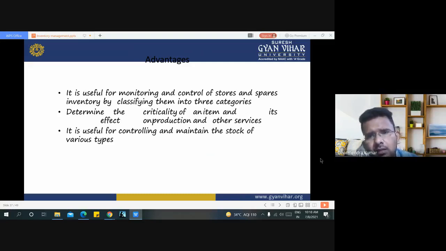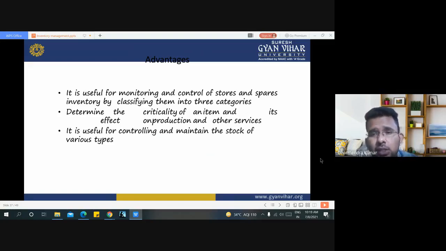It determines the criticality of an item and its effect on production and other services, because it clearly determines the necessity of that item in any manufacturing process or plant.